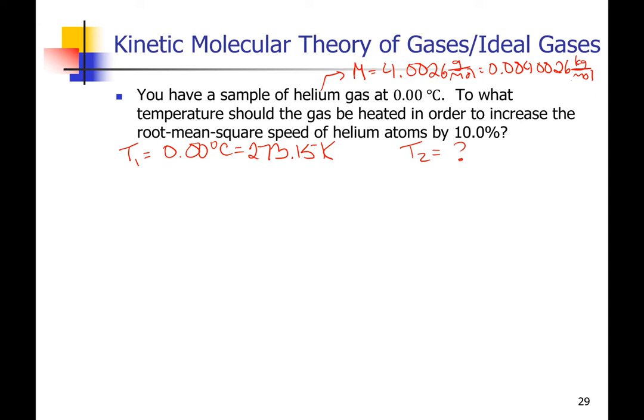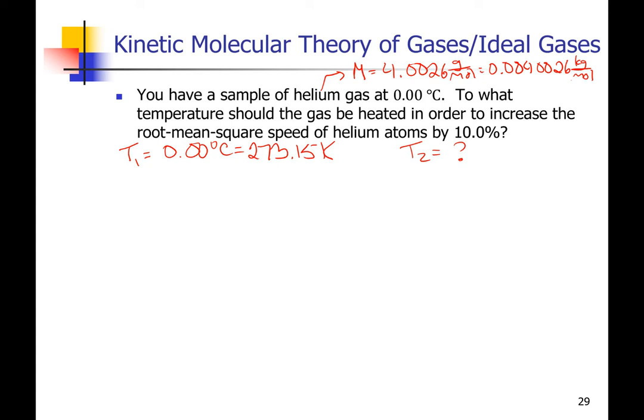And there are different approaches to this calculation, and some of them use the molar mass, and if you take that approach, that's completely fine. I'm not actually going to need to use the molar mass in my approach to this question. I've also been asked about increasing the root mean squared speed. I'm not given an initial speed, and I'm not given a final speed, but I know what the relationship between the two speeds is.